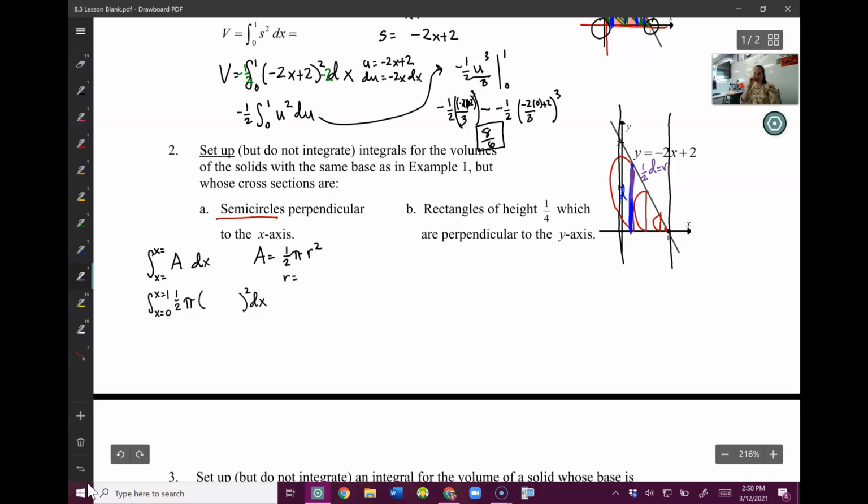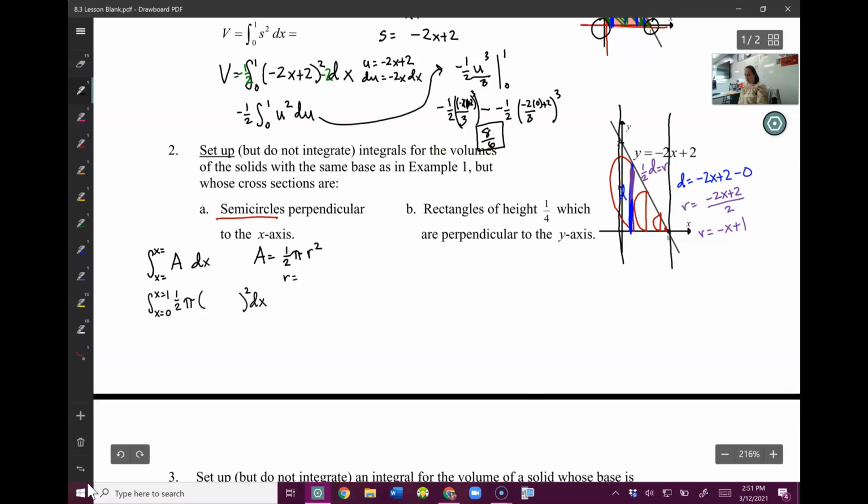So my radius is half of this whole diameter. Well, this diameter is the top curve minus the bottom curve. So there's my diameter, which means my radius is going to be half of that.